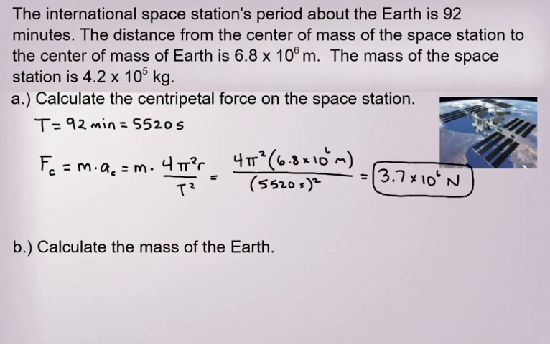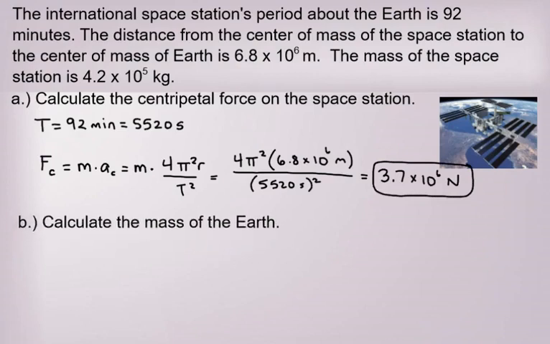The question says, using that information, calculate the mass of the Earth. Okay, so I'm thinking about the International Space Station, and let's say this is the International Space Station and this is the Earth. As that space station orbits around the Earth, there's going to be a centripetal force acting on the space station, which is due to the gravitational force.